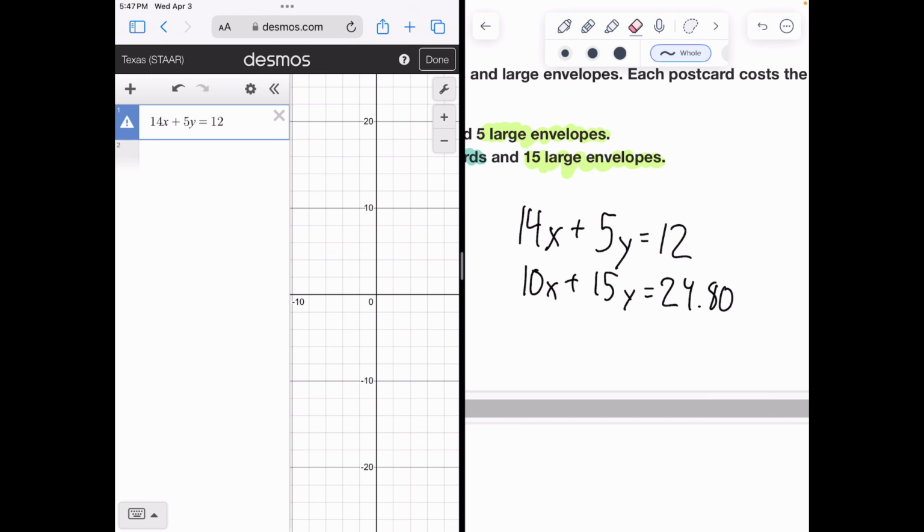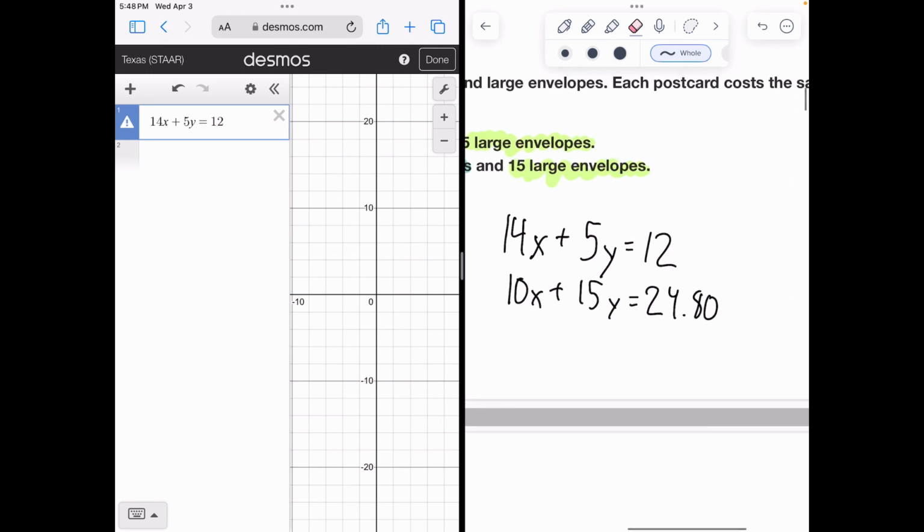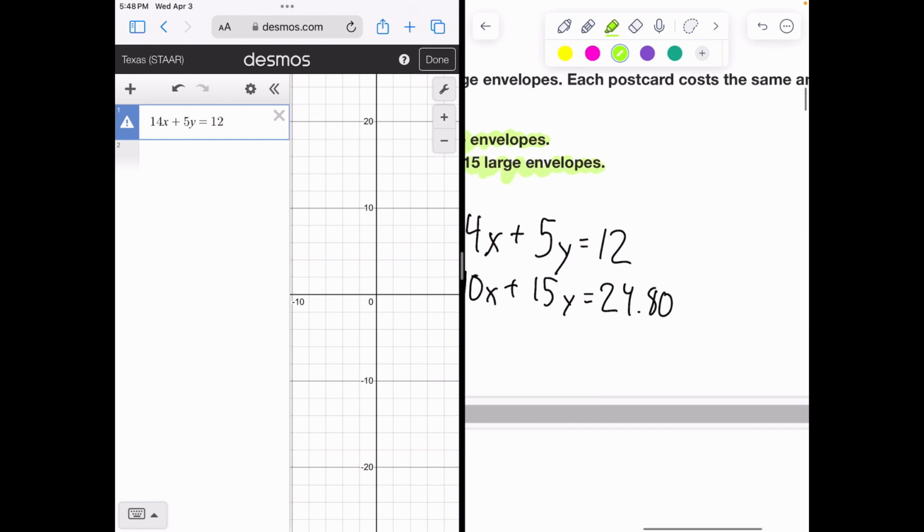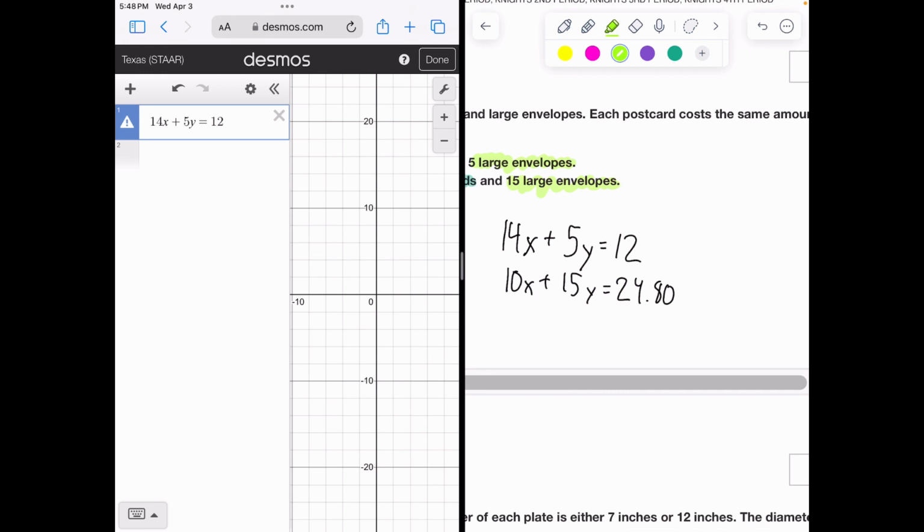We need to put y by itself. Same thing with the other equation. Here's my x, here's my y. Since x and y are on the same side of the equal sign on both equations, and we've got two equations here, that means we're going to have two lines eventually.